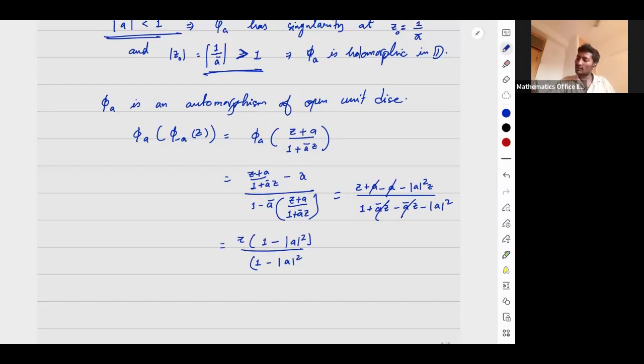But you see modulus of A is less than 1, so 1 minus modulus A square is a positive number. Numerator and denominator are the same number, so we cancel them. We get only Z. So this is an identity function. So phi A composed with phi of minus A is identity.